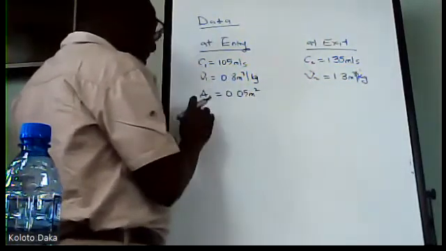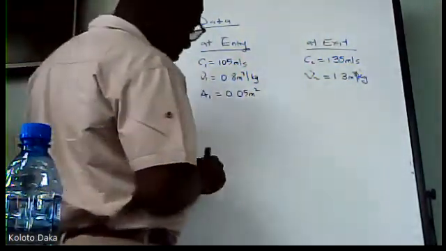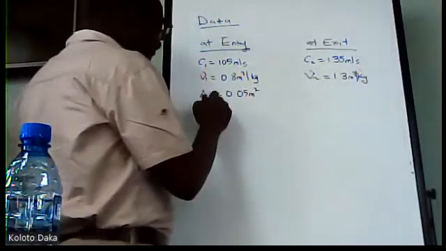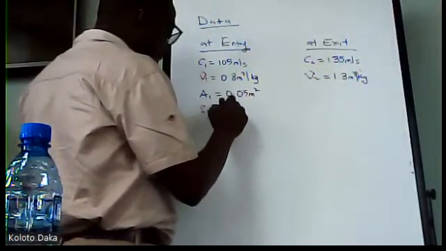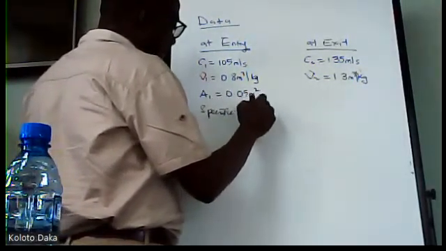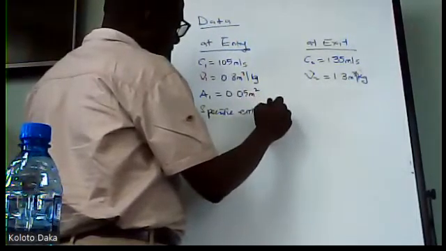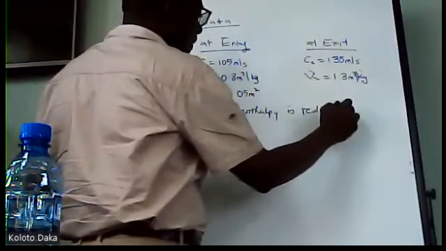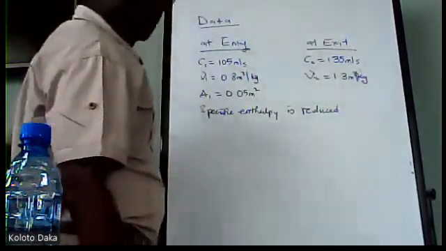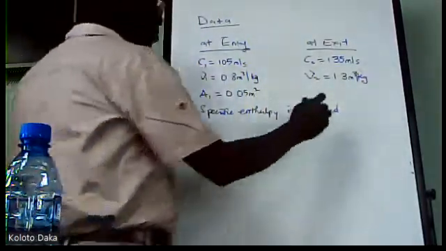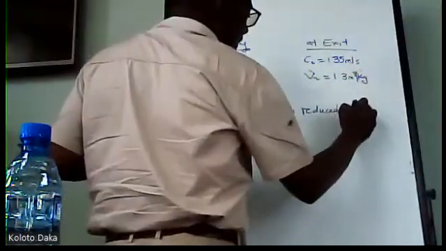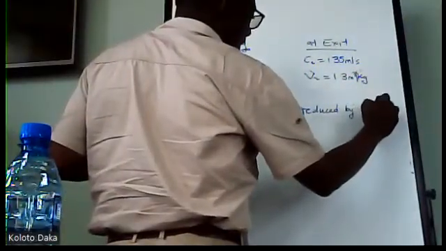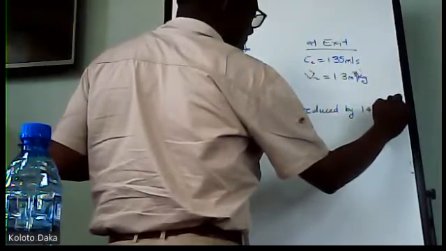So, the air, now we need to understand. So we are saying specific enthalpy is reduced by 145 kilojoules per kg.